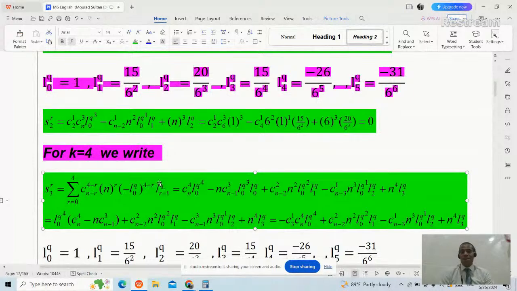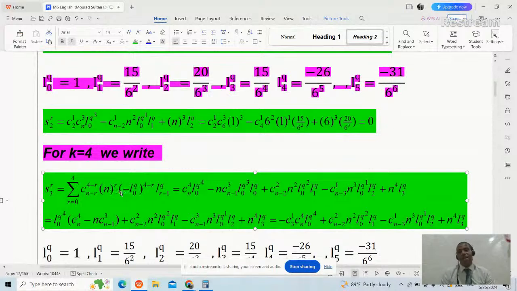This formula is called the discriminant formula of Mourad Sultan Ezouidi, and with this formula, we can solve the polynomial.